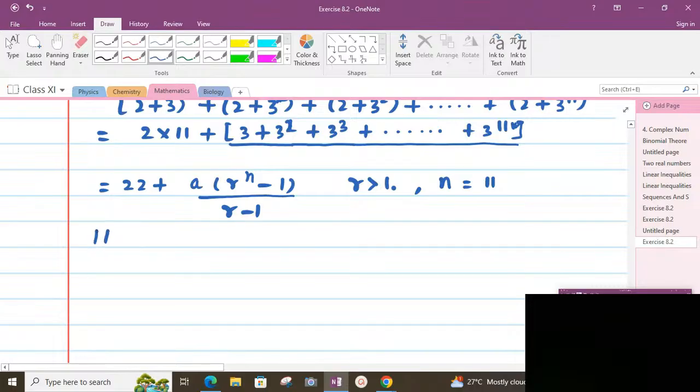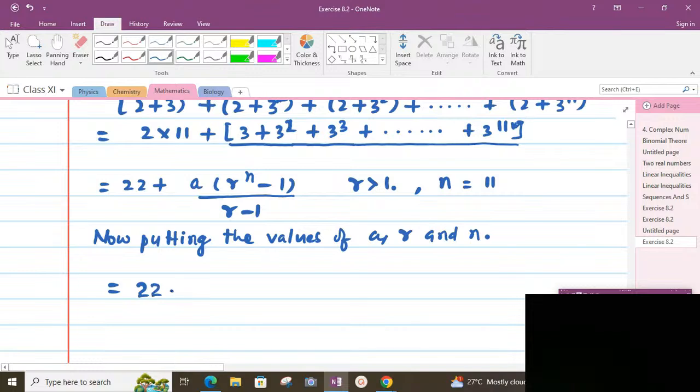So now putting the values of A, r and n, it will be equal to 22 plus, the value of A is 3 and the value of r is also 3, so 3 to the power 11 minus 1, by 3 minus 1.